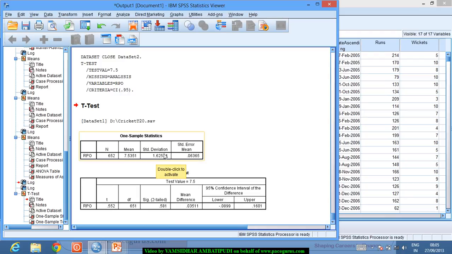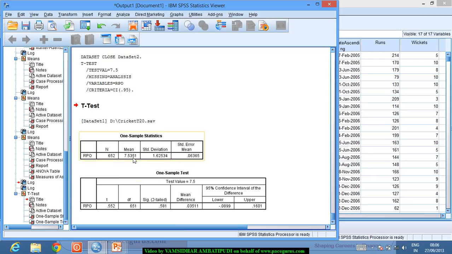Standard error is nothing but sigma by root n. 1.62 divided by the square root of 652 is what is typically given as the standard error. Now, how do I make a conclusion based on this? Getting into the technicalities, there is a t value that would be created based on the data.